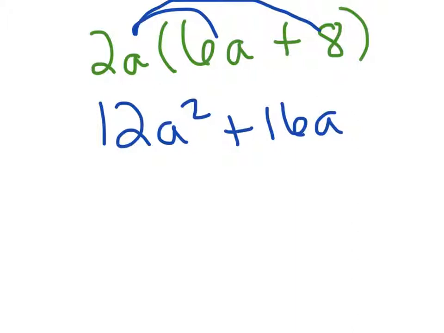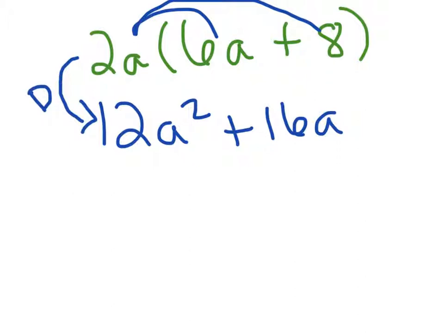Okay? So now, this is the distributive property. This is not factoring. Factoring takes things apart. Distributive property puts them together. So when we go this direction, we are distributing.